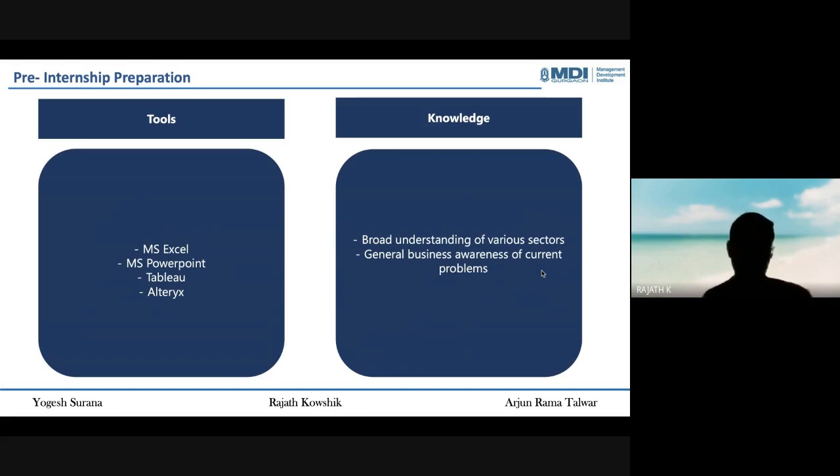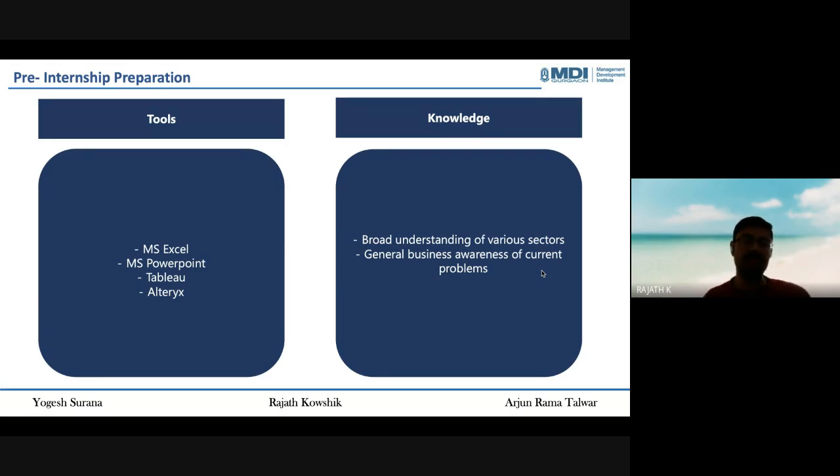So Tableau and Alteryx can be reserved for a little later. But should you get a chance, please go ahead and learn these as well. A basic or intermediate level would suffice.